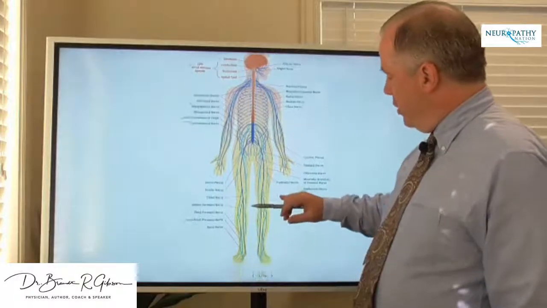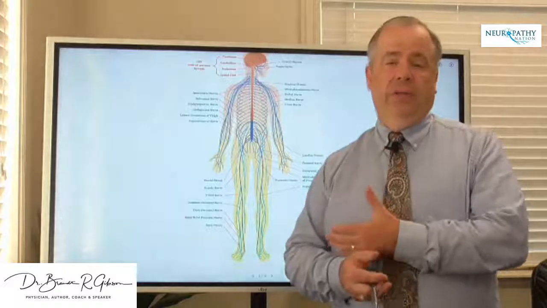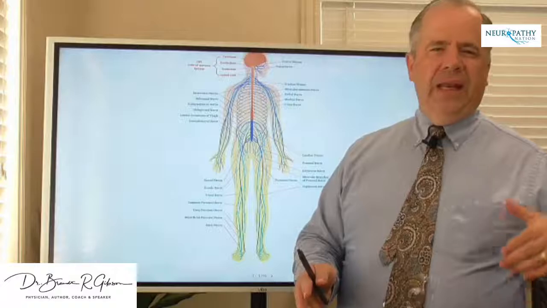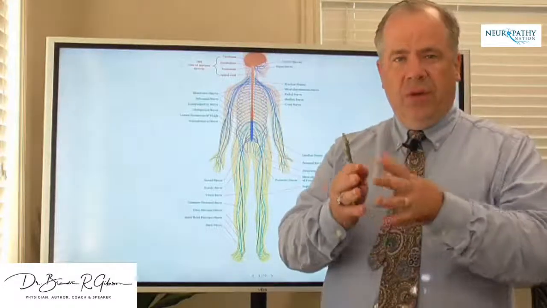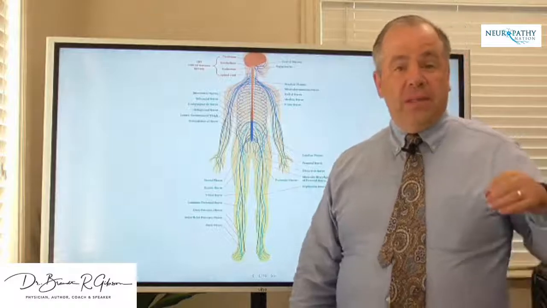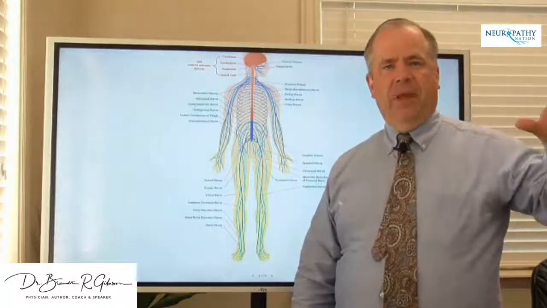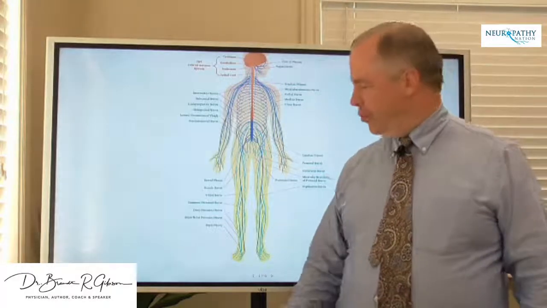Then, of course, the lower extremity nerves, which is what I work with the most, are all part of this peripheral nervous system. Anything that requires a nerve outside of the central nervous system will be peripheral nerves, which means the peripheral nervous system includes all of those nerves. Any of those nerves can malfunction to create a peripheral neuropathy.